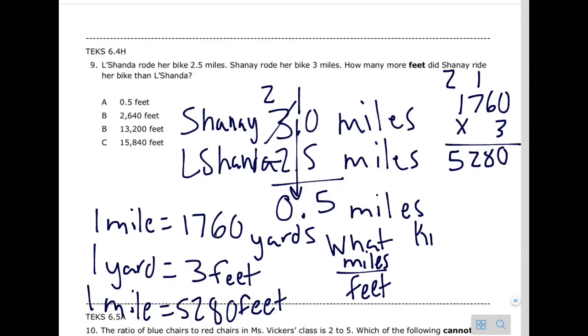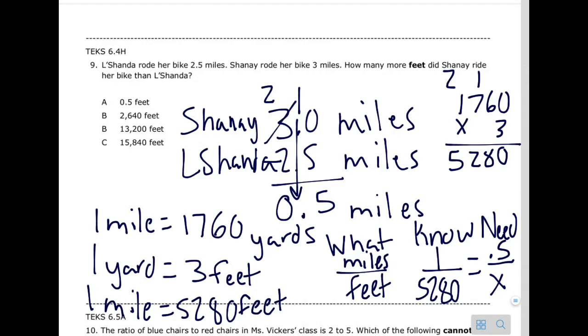I know that 1 mile is equal to 5,280 feet. I need to find how many feet is 5/10 of a mile. So I can solve this proportion. I also know if I divide 1 by 2, I get a half. So 1 divided by 2 is 0.5. So 5,280 divided by 2 will get me my answer.